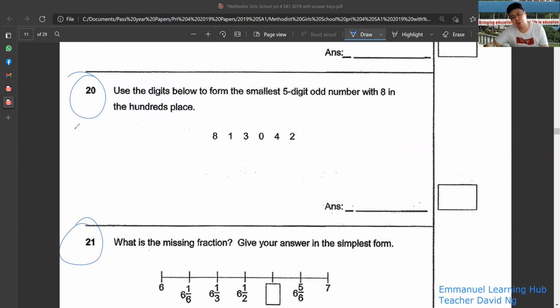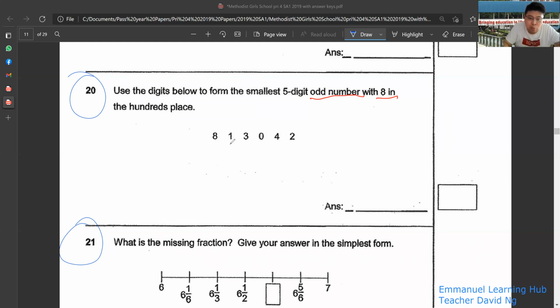Okay, use the digits below to form the smallest 5-digit odd number with 8 in the hundreds place. Smallest 5-digit.